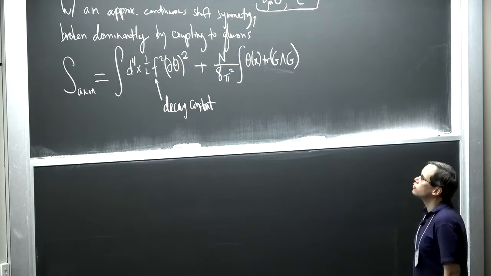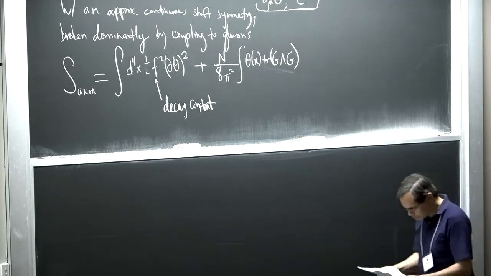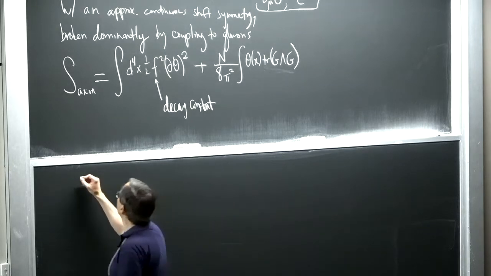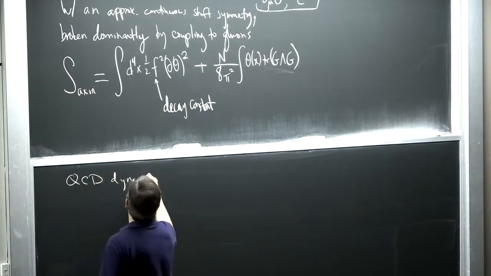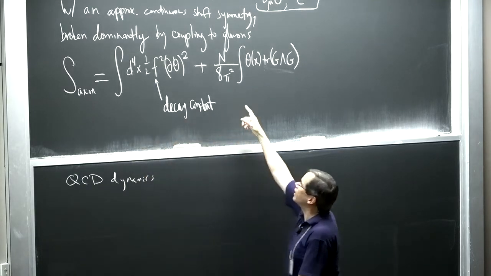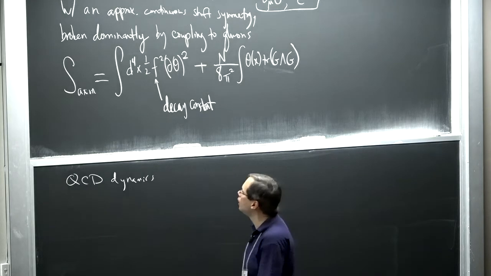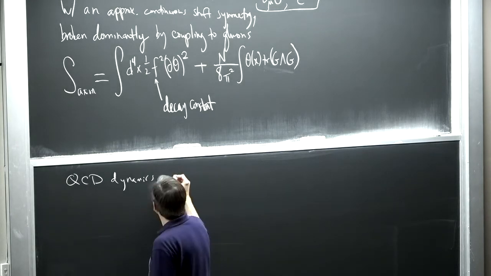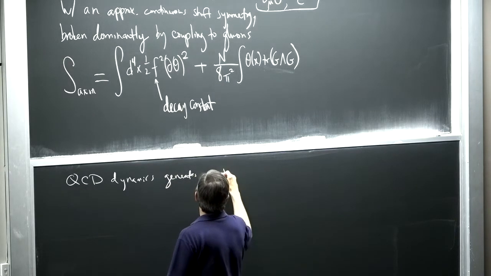Okay, so I've told you that this solves the strong CP problem. Let me tell you why it solves the strong CP problem. So when I say that's the Axion action, what I mean is I'm adding this to the usual standard model action, right? So this is coupling to the standard model. QCD dynamics generates a potential V of theta.